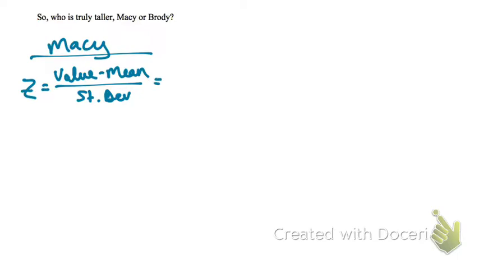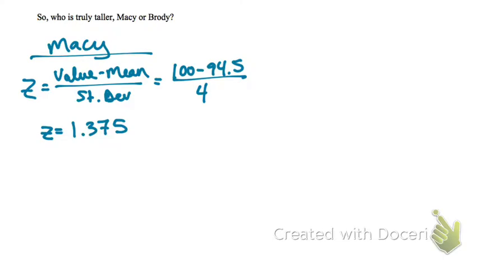So, how tall is Macy? 100 centimeters. And what is the mean of Macy's distribution? 94.5. And what is the standard deviation of Macy's distribution? And so, what is Macy's Z-score? 1.375. This means Macy is 1.375 standard units above average.